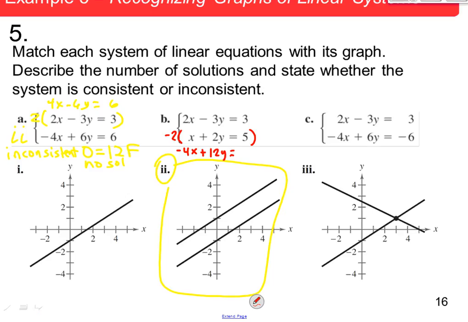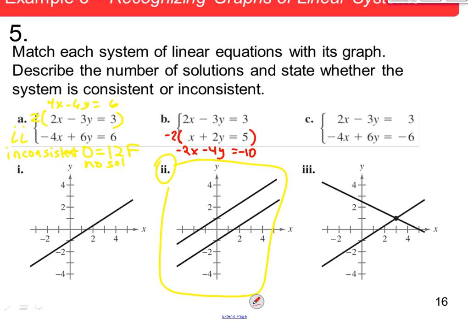My apologies, I was looking at the wrong thing. There we go. When I multiply that second equation by -2, I'll get negative 2x minus 4y equals negative 10.